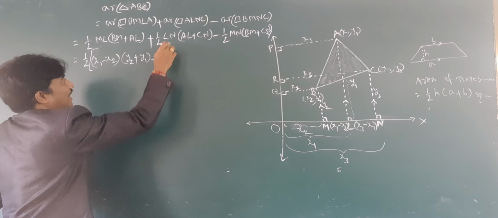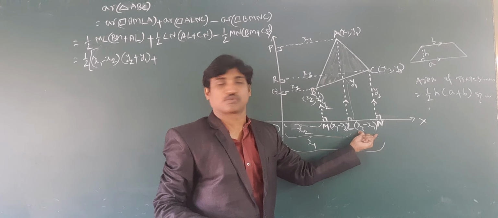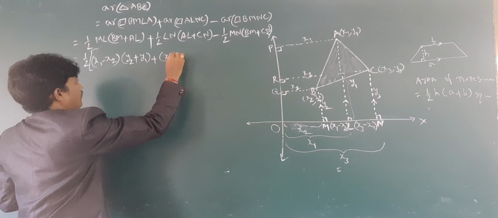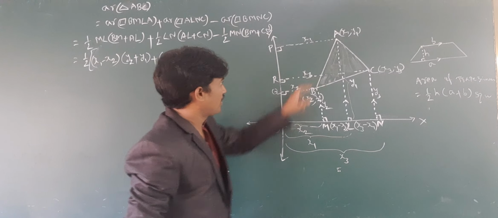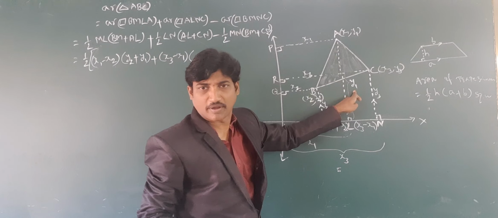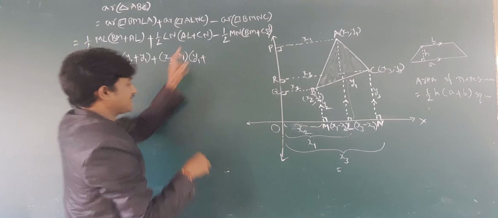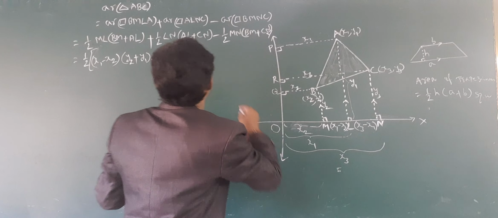Plus LN, where LN is x3 minus x1, into AL, that is y1, plus CN, that is y3.